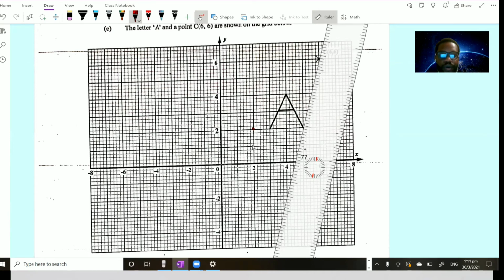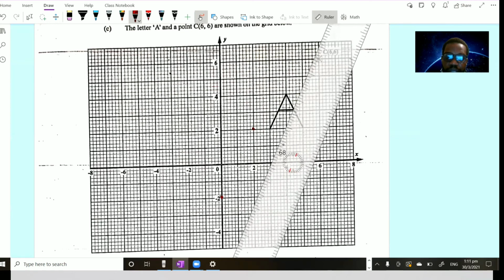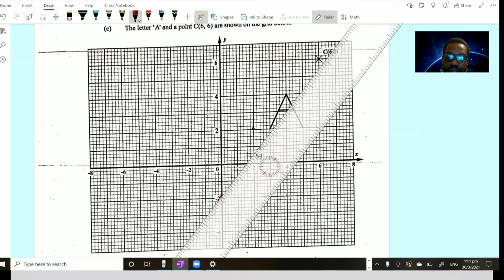All right. So when I check that, the next point, this point right here, is going to come to 4, -2 right there. And the point here, if we use a ruler, is going to go to 0, -2. So you just take the ruler and measure the distance from this point over here to the center of enlargement.